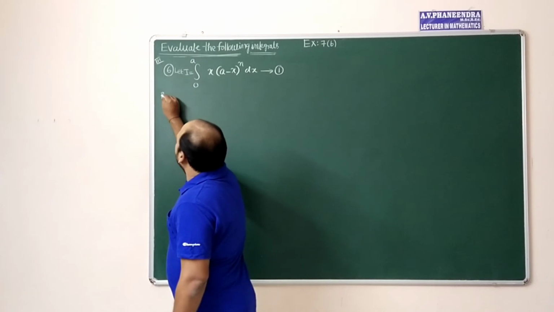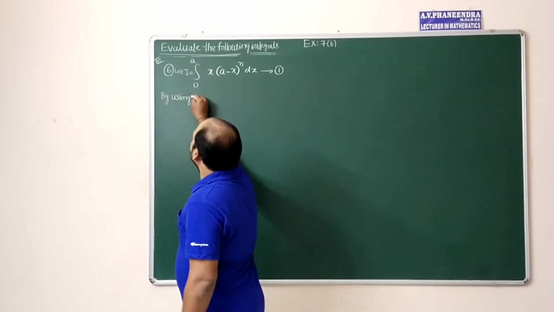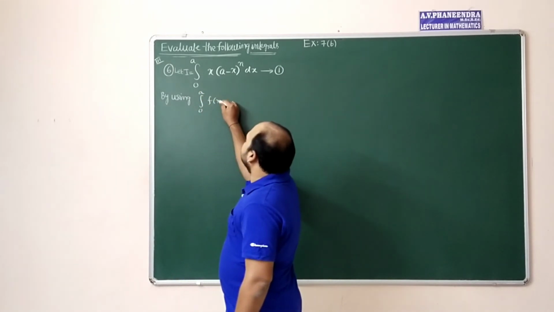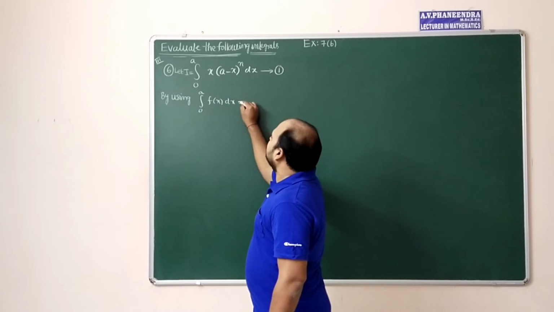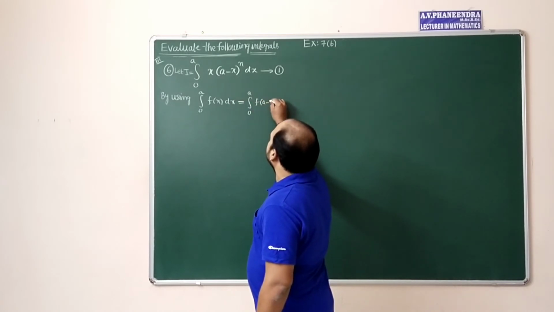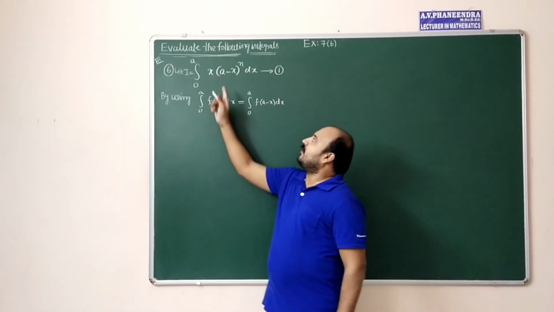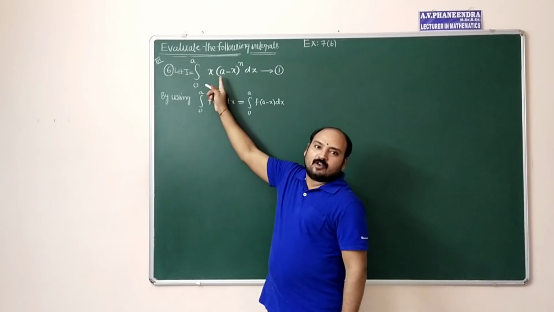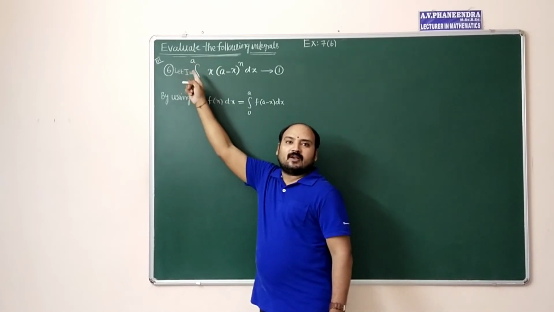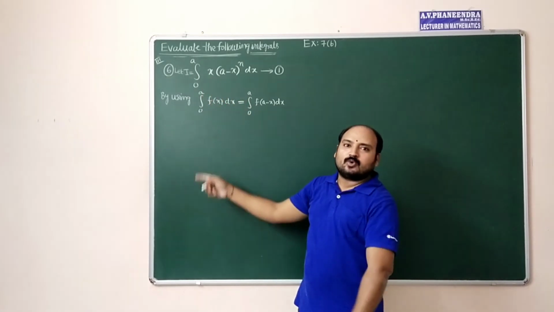By using the property integral 0 to a f of x into dx is equal to integral 0 to a f of a minus x into dx, that means wherever x is there in the given integral, we have to replace it with a minus x.